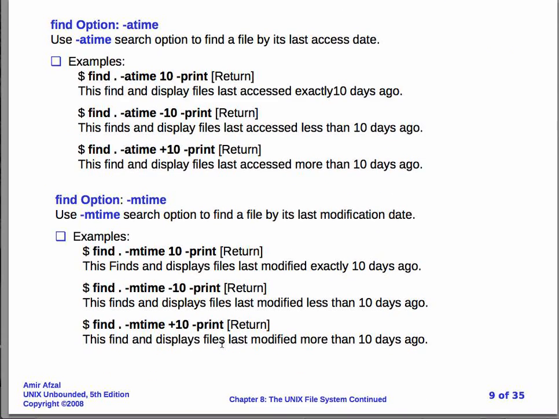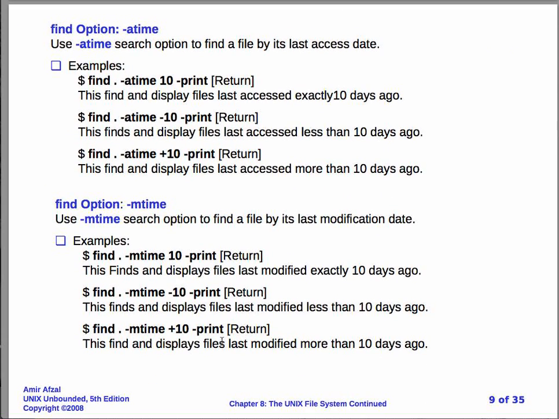Okay, so you can search for things by their last access time, and you can search for things that were accessed exactly 10 units ago, and in this case find uses units of days. So if you say -atime 10, you have to have an integer here, and that means exactly 10 days ago.